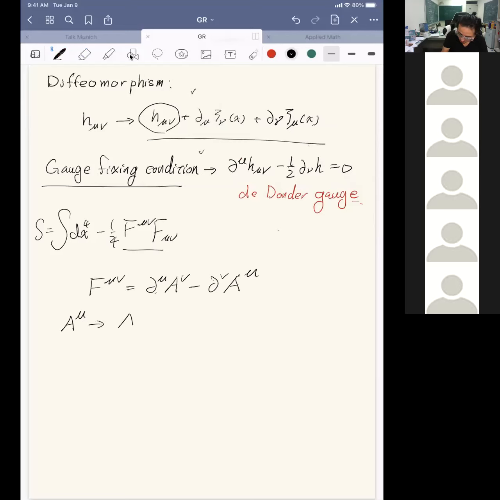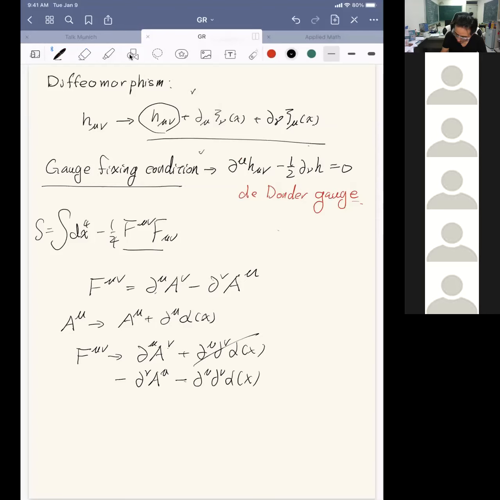You can shift A mu by A mu plus a derivative partial mu on some arbitrary function that we call alpha of x. My F mu nu is not going to change, because it changes into partial mu A nu plus partial mu partial nu alpha of x minus partial nu A mu minus partial mu partial nu alpha of x.